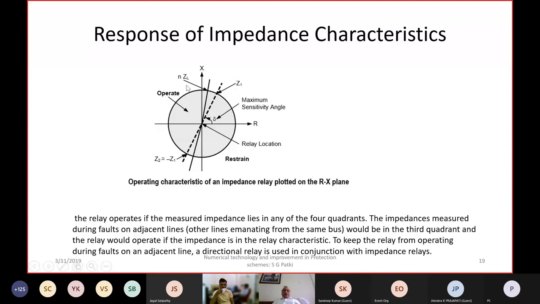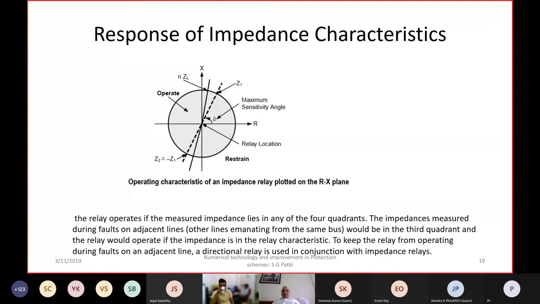But if you have a circular characteristic which is also going into the second quadrant, and also the third quadrant, this particular relay, which is supposed to see only this impedance, will also operate for a parallel line or on the reverse side, on a bus fault or other faults which are behind the relay. So it can operate for this side also.